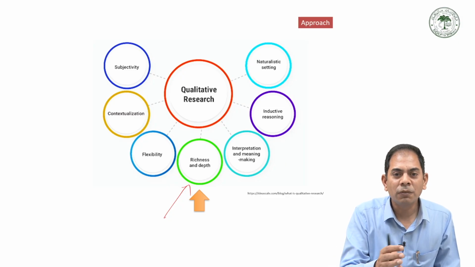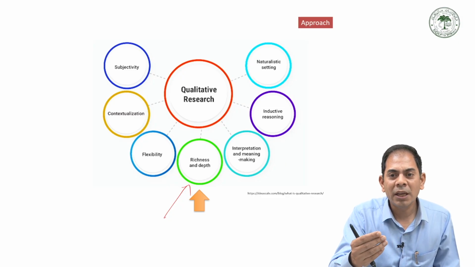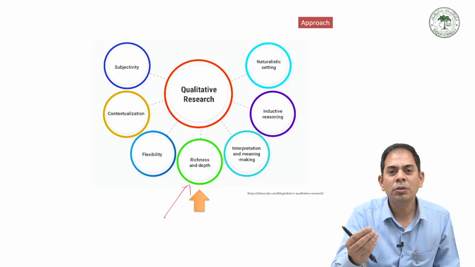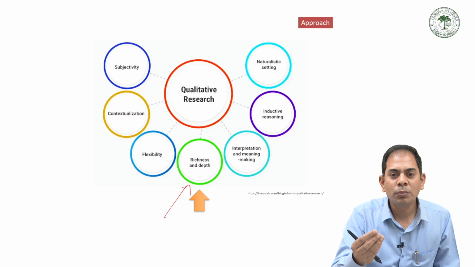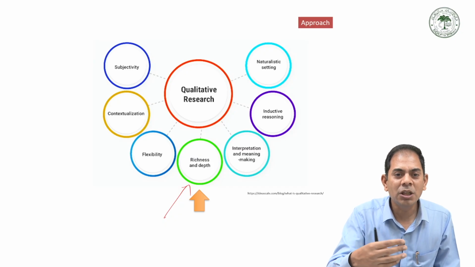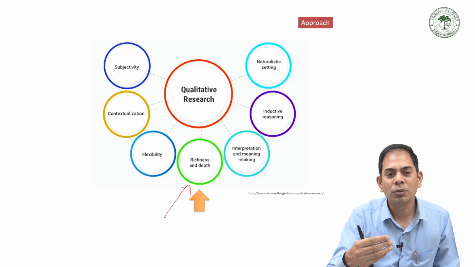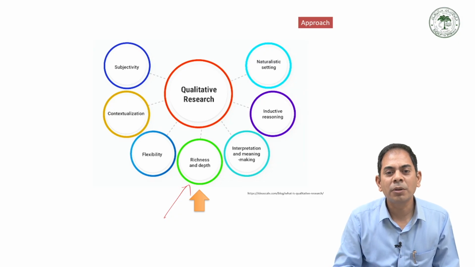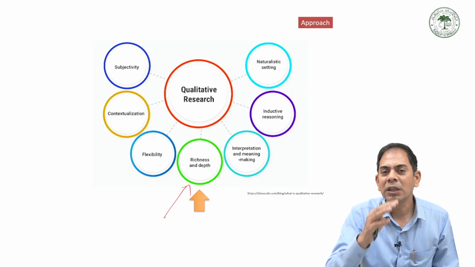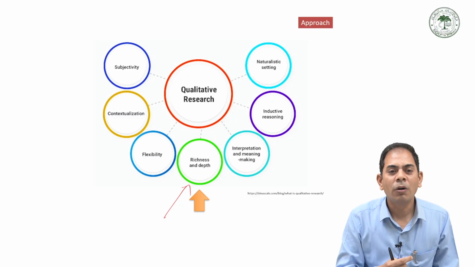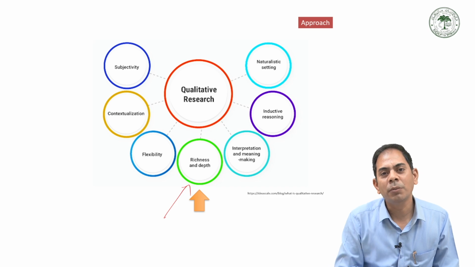For example, instead of only asking whether the student likes sports or not, the researcher may ask why they like sports, how sport affects their confidence, and what experiences motivate or discourage them. These detailed responses provide richness and depth to the research. Thus, richness and depth help the researcher gain a complete and deeper understanding of real-life experience and human behavior.